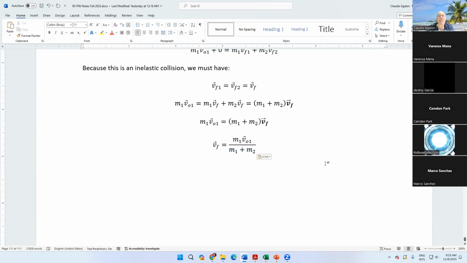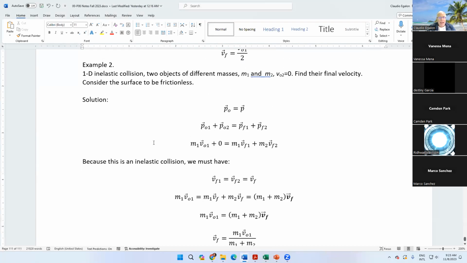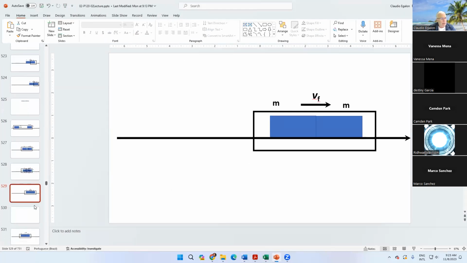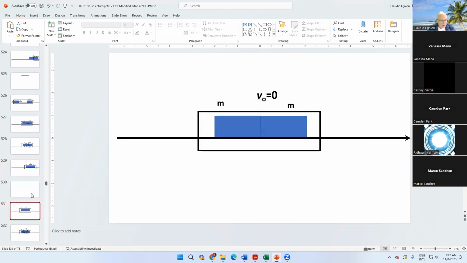Okay, next. That's one example, inelastic collision.